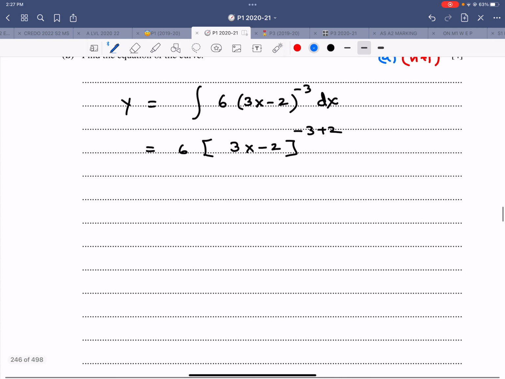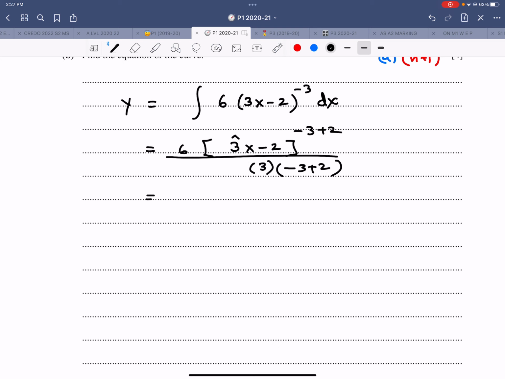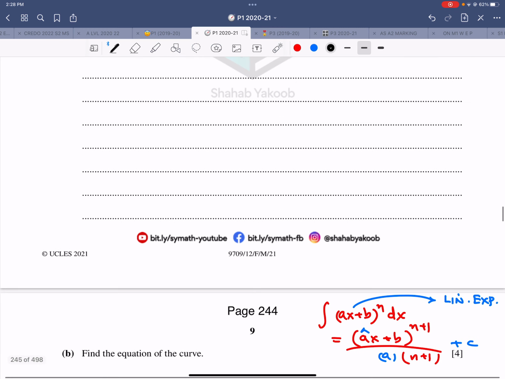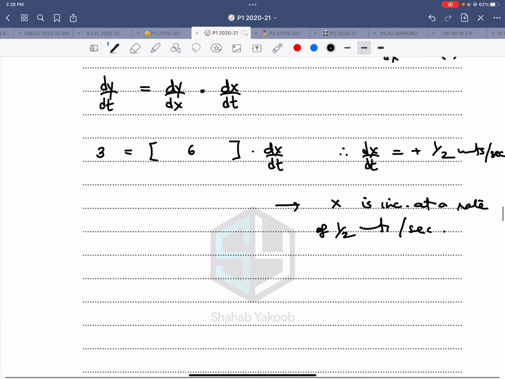So now this is 6 as it is, minus 3 plus 2. Derivative of bracket is 3. So minus 3 plus 2 is minus 1. 6 over 3 is 2. This is negative 2 over 3x minus 2 plus c. How do you evaluate c? You plug in a value.